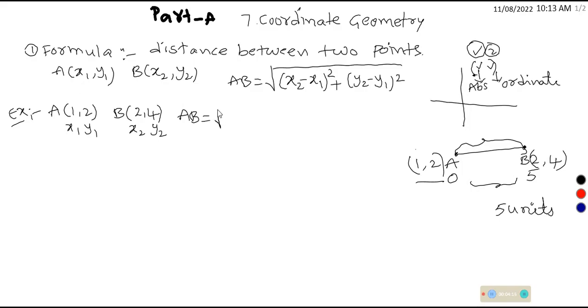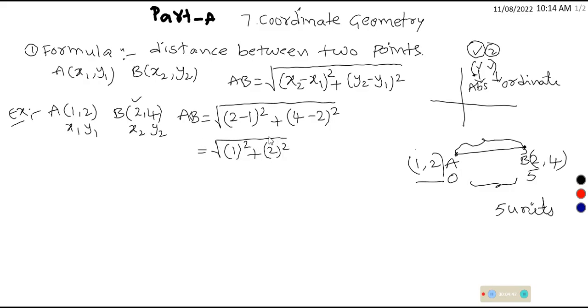AB is equal to square root of x2, x2 means what here? 2, 2 minus 1, x1 means 1, whole square, plus y2 means here 4 and y1 means 2, that is 4 minus 2 whole square. So now 2 minus 1 will become 1 square plus 4 minus 2 will become 2 square, okay.